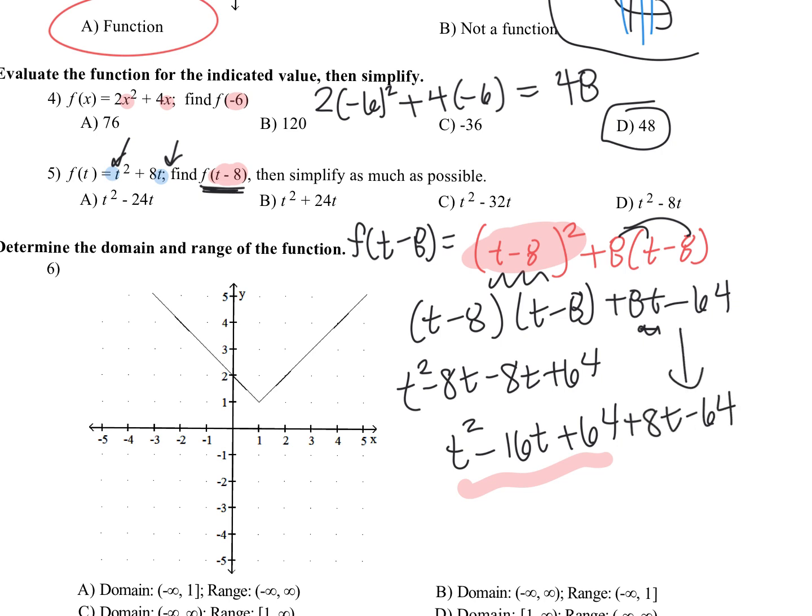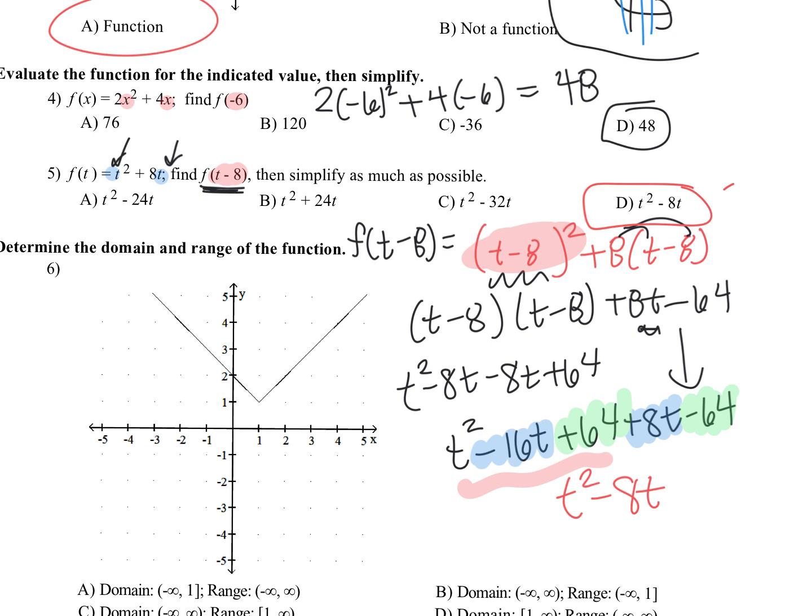So this just got dropped. And so when I combine my like terms, I have a negative 16t plus an 8t, and then I have positive 64 minus 64. So the cool thing is the 64s get canceled out. But when I combine my t's, I end up with t squared minus 8t. And that is letter D.